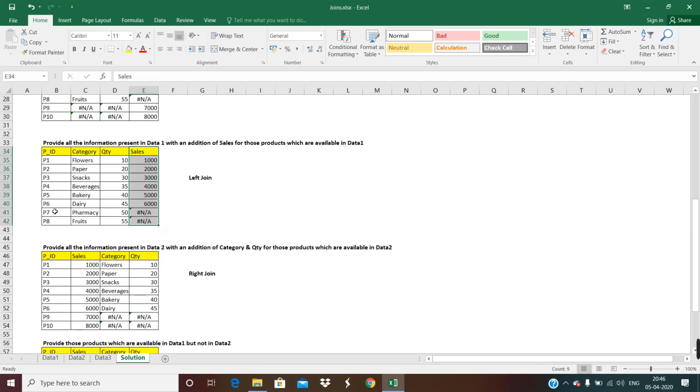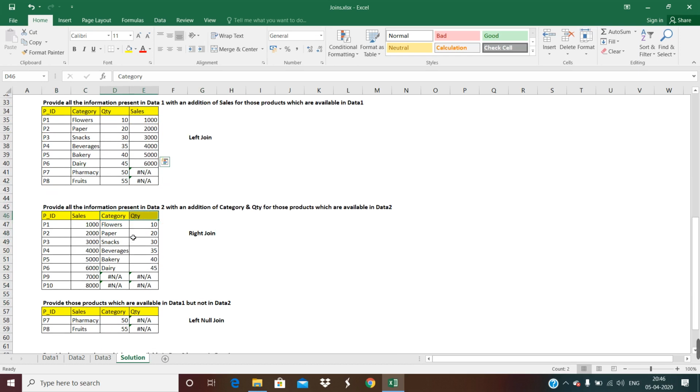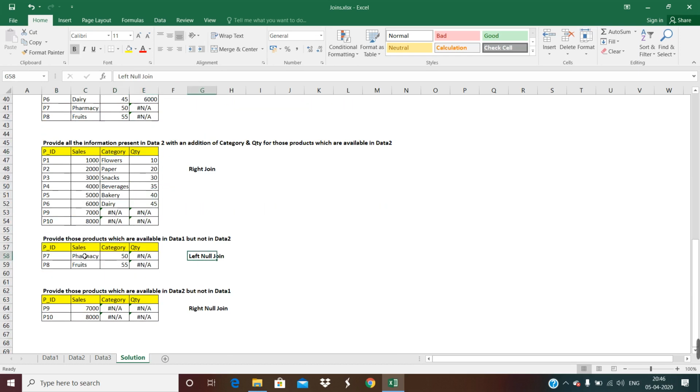And for whichever products the information is not available, we'll keep it blank, like P7 and P8, the sales. Right join: we want complete information from the right data, and we only want additional columns from the left data. Left null join: we only want to figure out those products which are unique in data 1 but are not in data 2.